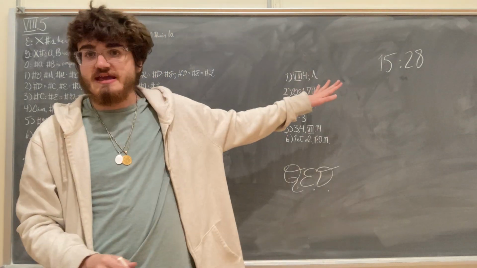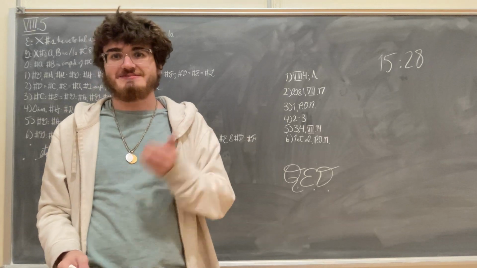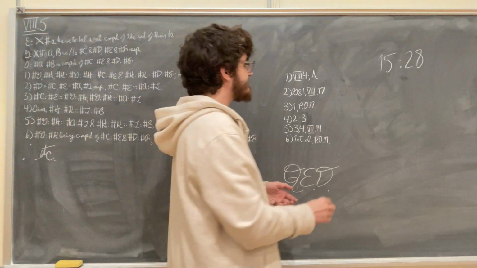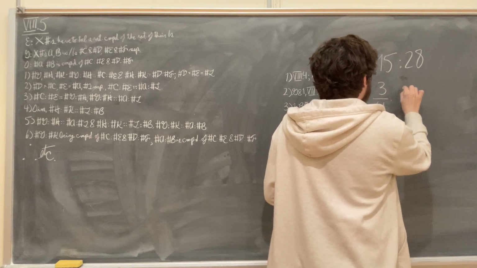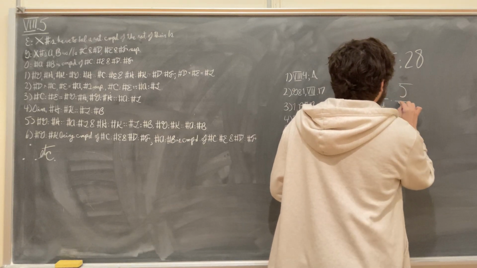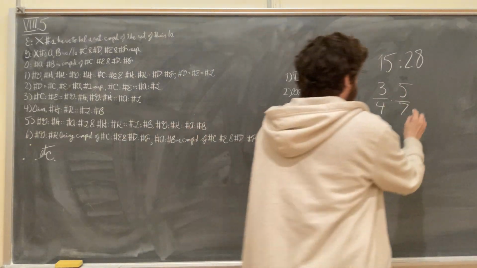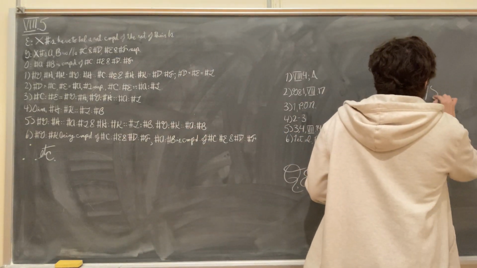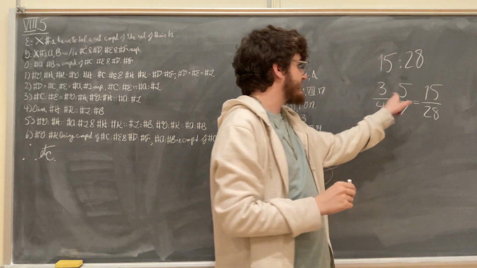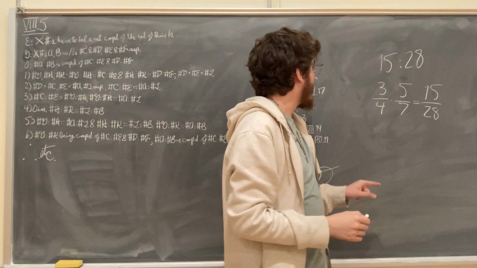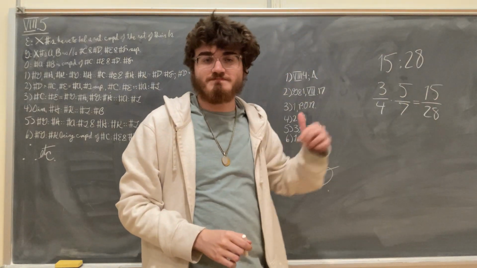And likewise, the sides of 28 are 4 and 7, because 4 times 7 makes 28. So what we can say about this proposition is that the ratio of 3 to 4, compounded with the ratio of 5 to 7, or simply multiplying their ratios, is equal to the ratio of the original plane numbers, or their products. So we can just go straight across. 3 times 5 makes 15, we put that on one side, and 4 times 7 makes 28, we can put that on the other side.